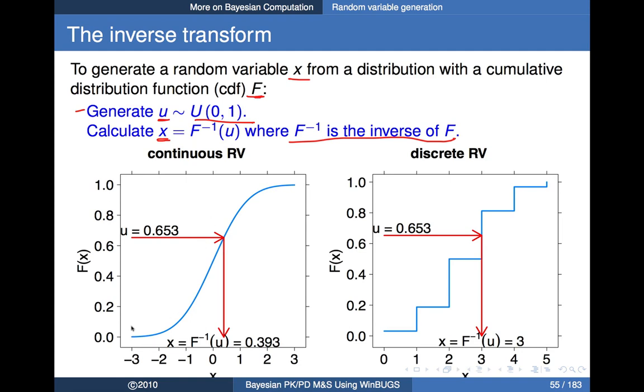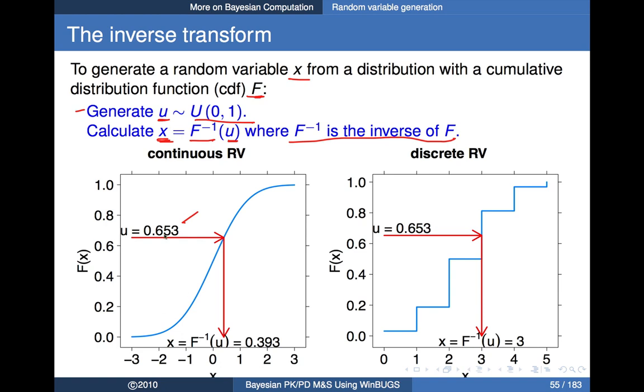It happens that the one I've drawn here is the cumulative distribution function for the standard normal distribution. Let's say my uniform random variable u happens to be 0.653. The way I would get the inverse is to take my inverse of F and plug that value u into that inverse function, and that's going to give me the x value that I want.